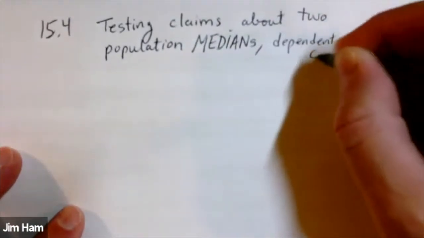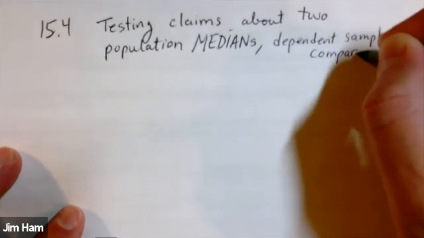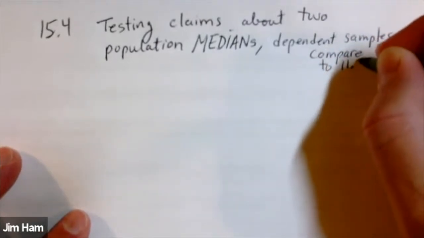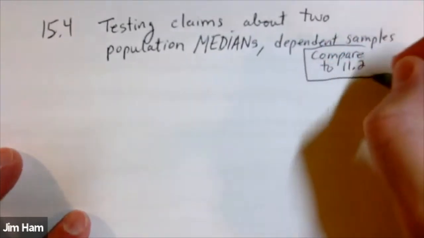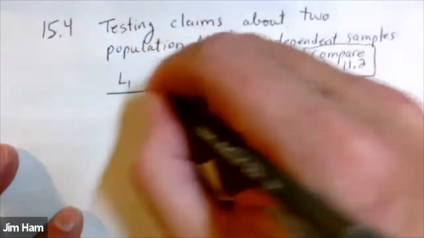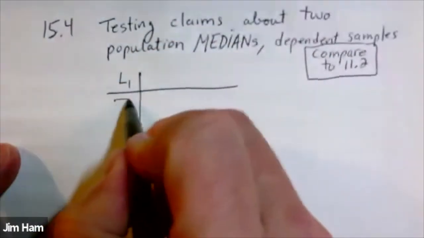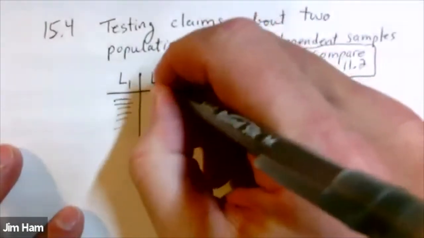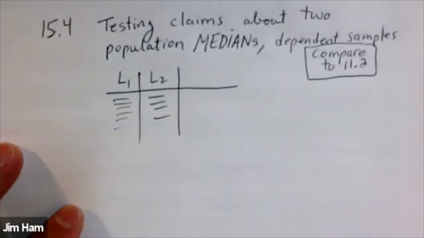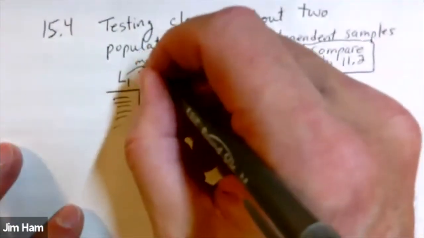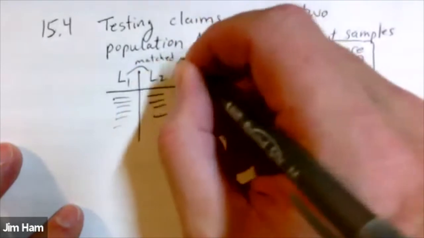So if you're going to compare this test to one that we've done before, compare it to the test that we did in section 11.2. And if you recall, we had one set of numerical data values here that we put in L1, and there was another set of data in L2, and we call these matched pairs. Somehow they're linked.